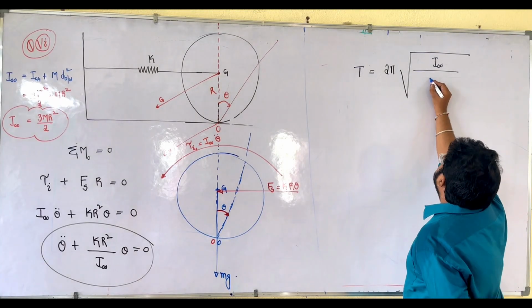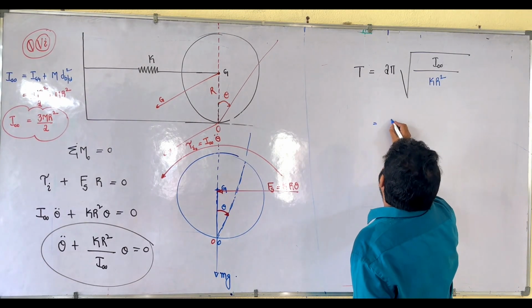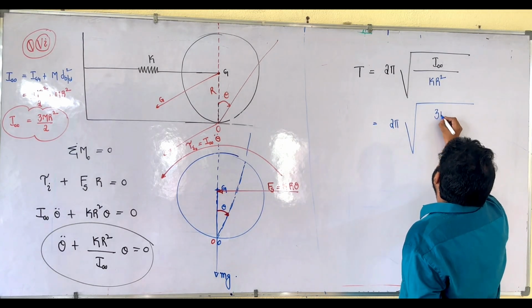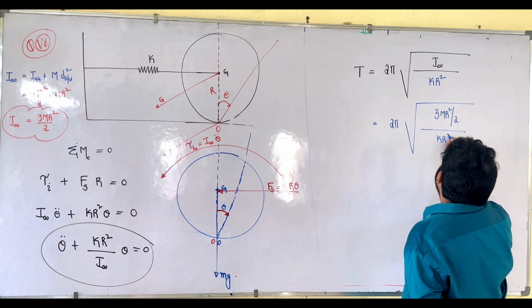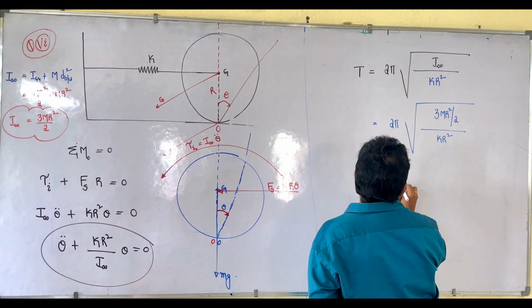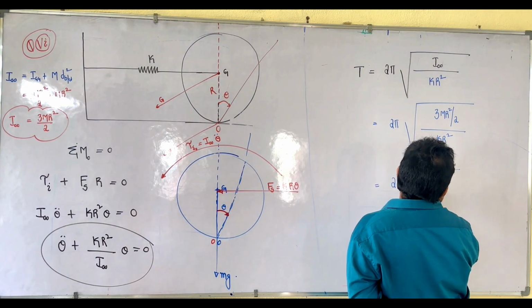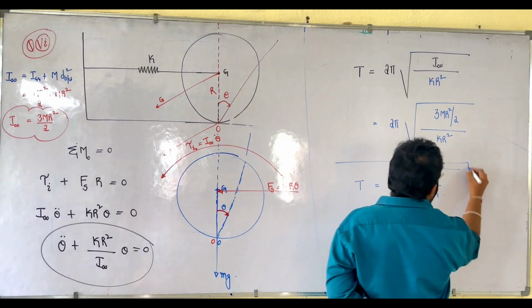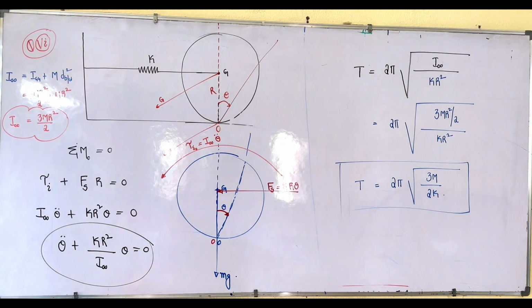This is 2 pi square root of 3 mr square by 2, divided by K R square. Then it is 2 pi square root of 3m by 2k. That is the time period of oscillation.